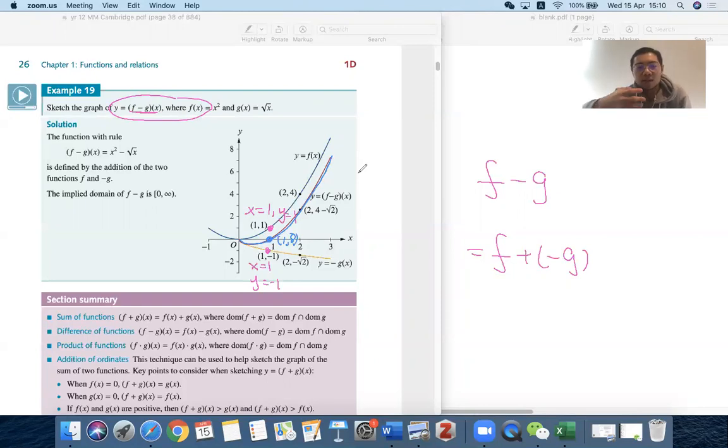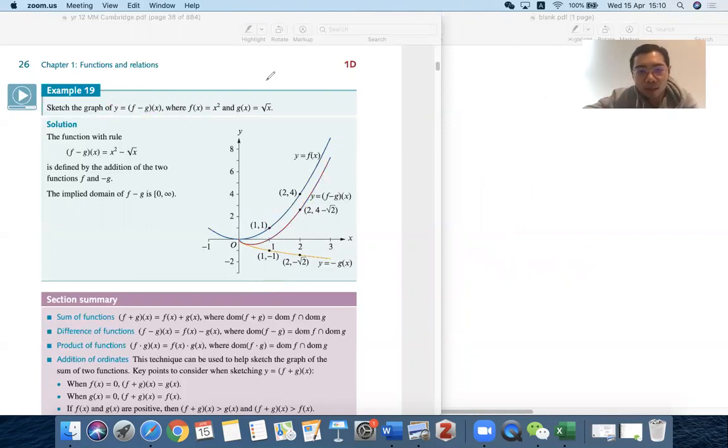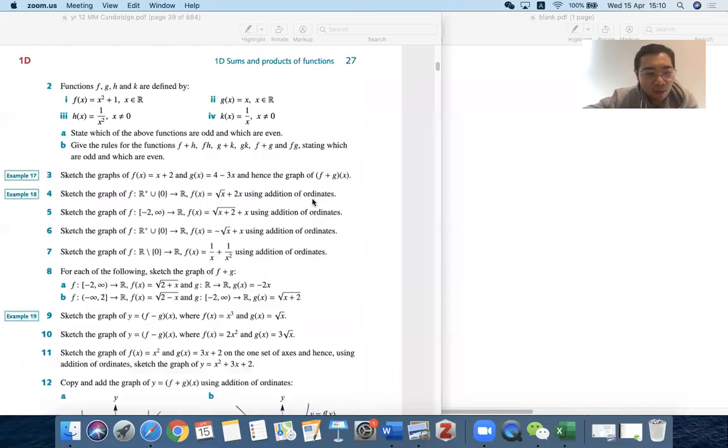But this can still occur in your exam. Okay, it's still worth practicing to get a feel for it.